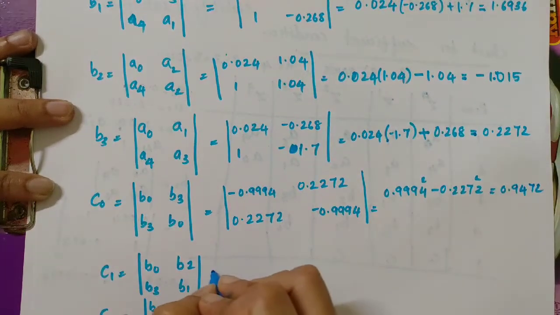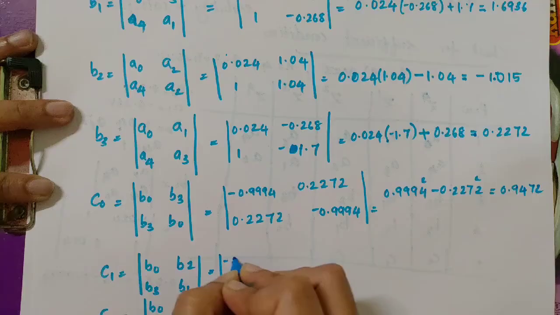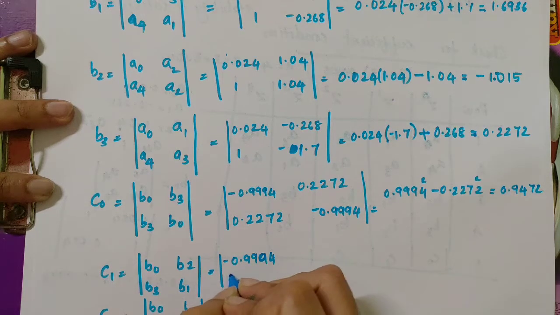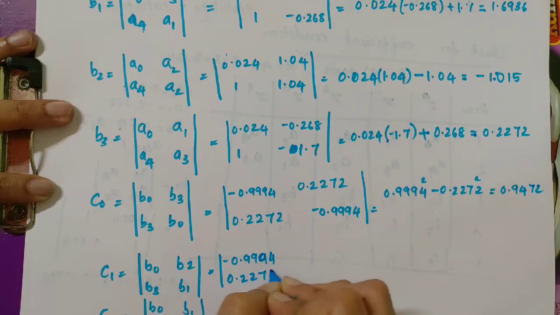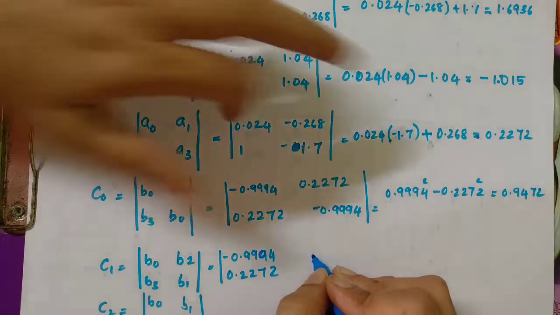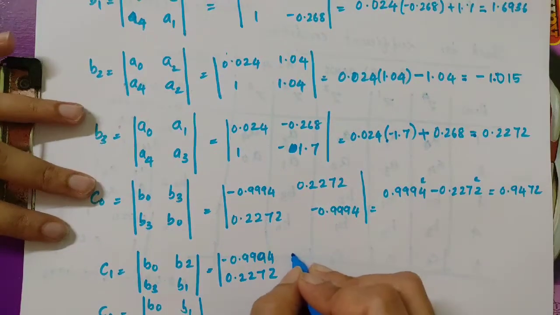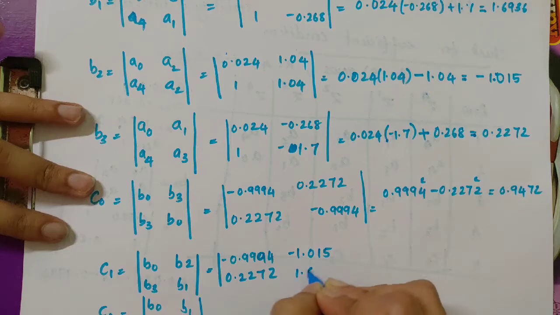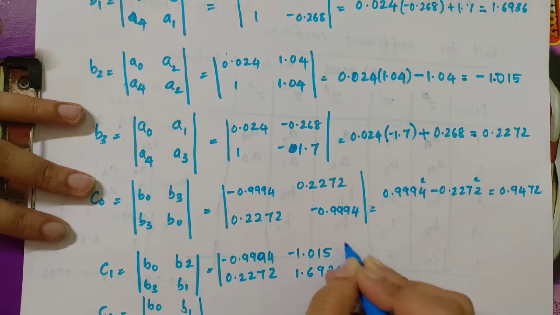Okay, here it is minus 0.9994, 0.2272. B2 B1 is this: minus 1.015 and 1.6936.